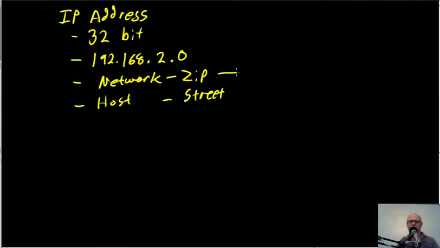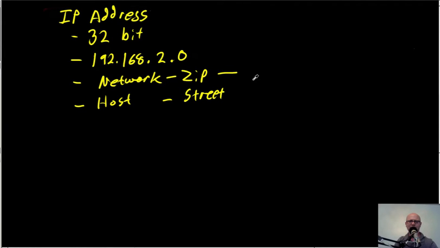So the network portion of the address is used for routers when the information is traversing long distances or across multiple networks. Each router in between looks at the network portion of the address to get it to its final destination or its final network.